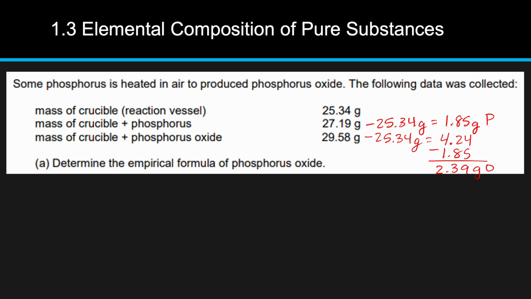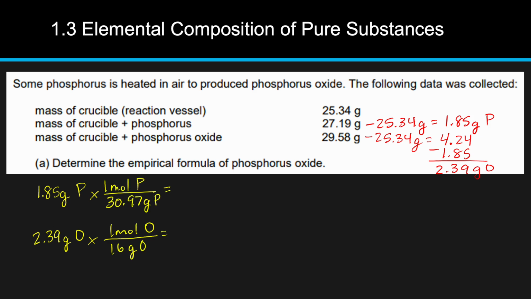Now I have my masses of each element within the compound. I can follow that little jingle that we worked on at the beginning of the video. We're already in mass, so we need to convert to moles. We know that 1 mole is equal to the molar mass of that same thing. After dividing by the molar mass of phosphorus, we get 0.059735 moles of phosphorus. Now we'll do the same thing for the oxygen.